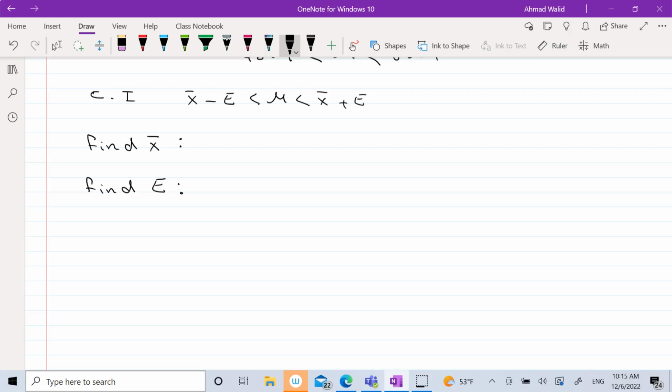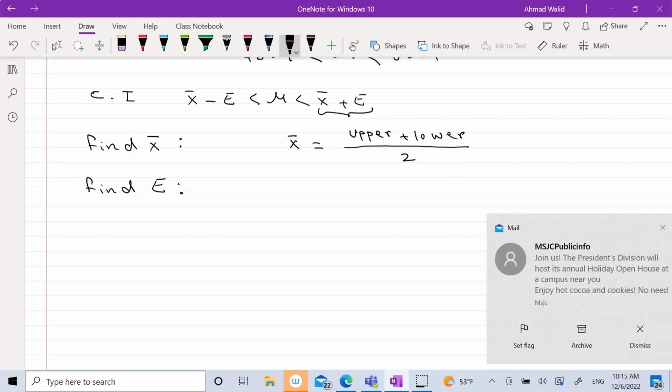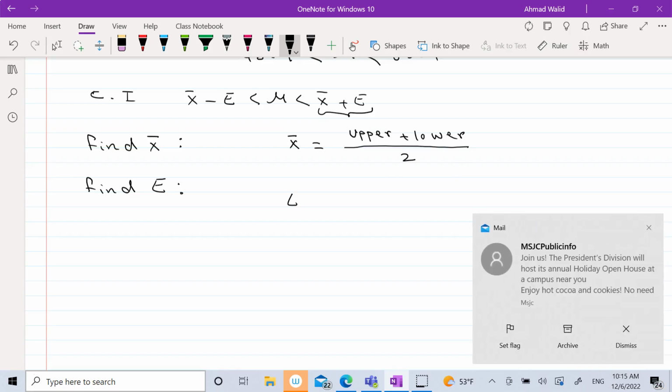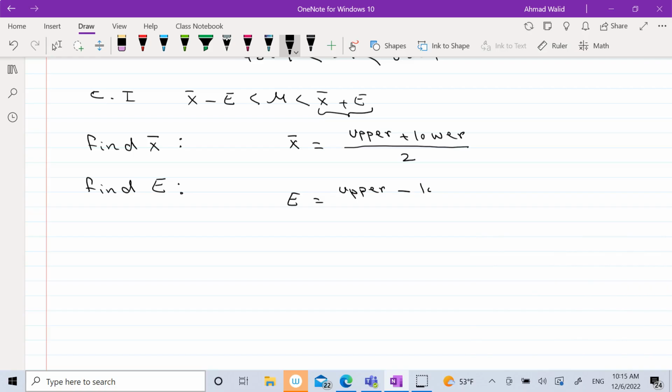If you want to find your x bar, it equals upper, which is this side, plus lower, and you know the reason because I already explained, divide by what? Divide by 2. And for E, it equals upper minus lower, divide by 2. Two formulas if you want to find the value of E.